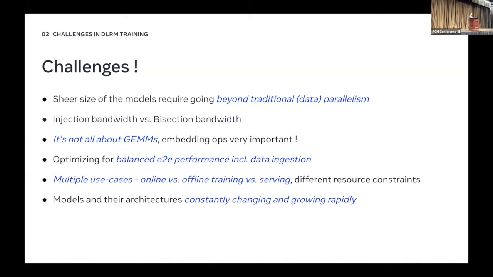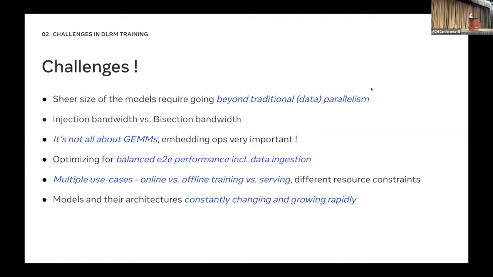Other low intensity operators, we also need to do well, especially embedding lookup operations. And since we have a large amount of training data we need to stream in, we need to make sure that the data ingestion is not the bottleneck of training, which Mark will deliver another talk on in the fifth talk of the session. So please stay tuned.